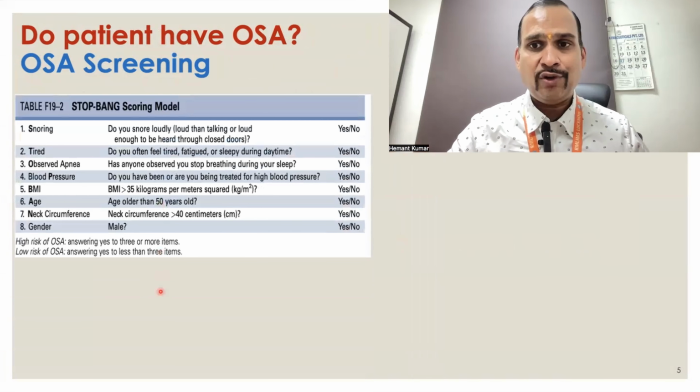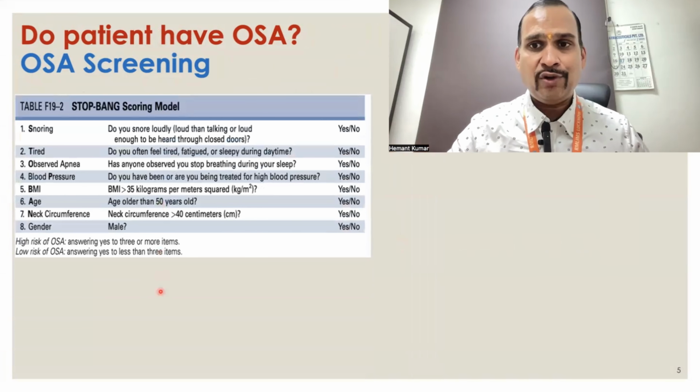Those patients who have symptoms of OSA or are already diagnosed cases of OSA, if you are planning surgery in them, then we have to do preoperative polysomnography to rule out obstructive sleep apnea. Because if you do not treat OSA prior to surgery, these patients will have more chance of postoperative complications.